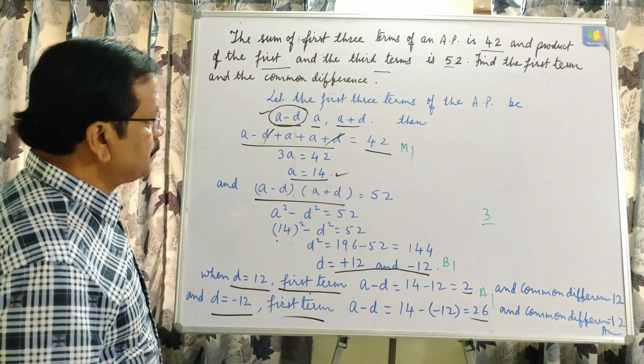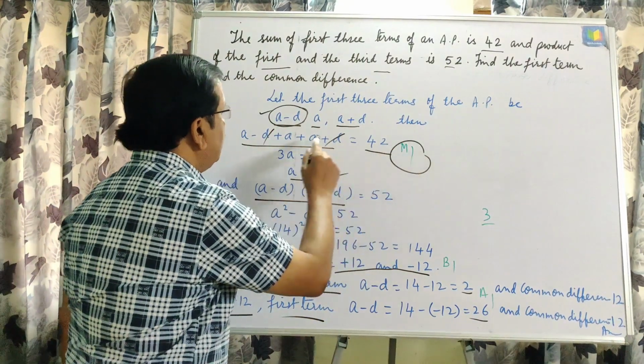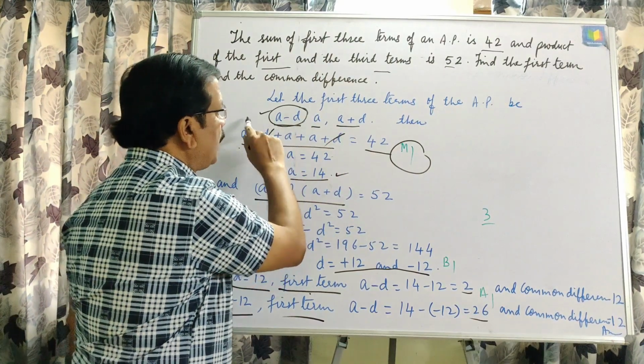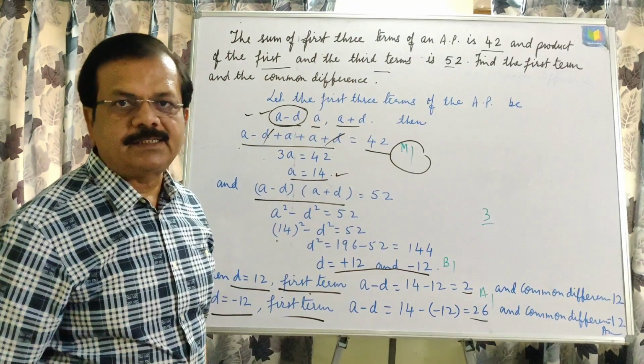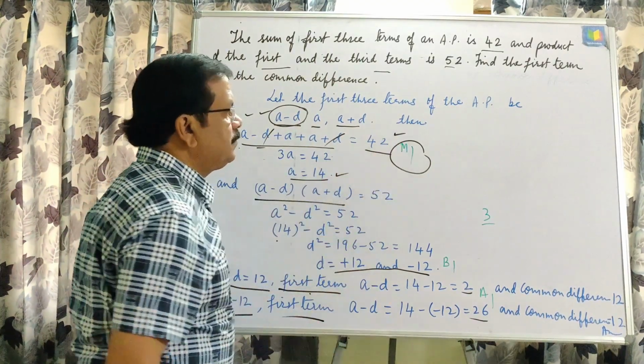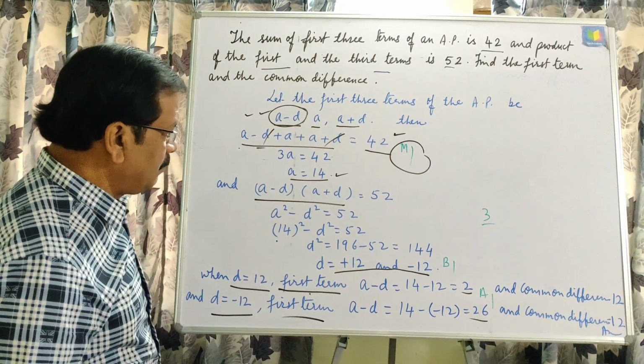As far as the marking scheme, the method mark is given if you are doing this correctly: after assuming a minus d, a, a plus d, the addition written this way correctly and equated to 42, then first method mark.